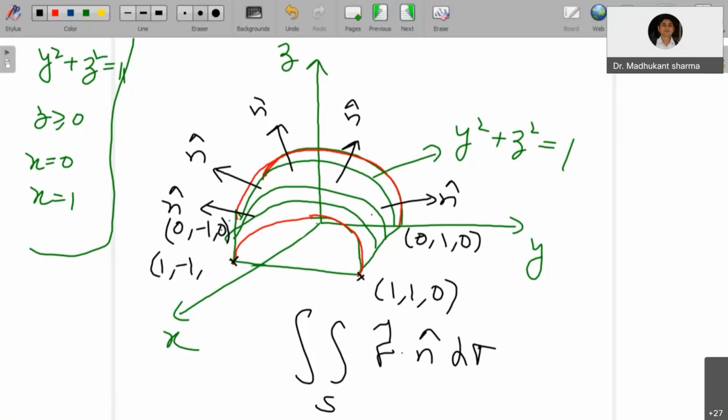So 1 minus 1 0. So these are the points. So you will have a rectangle. Okay, so R is the shadow region, which is a rectangle, given by this.